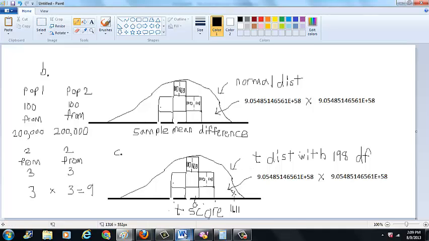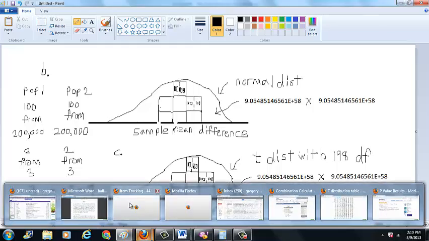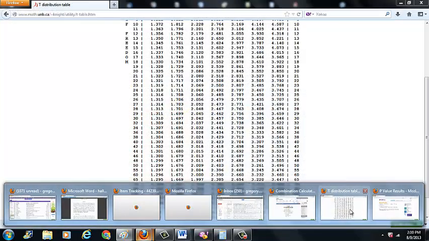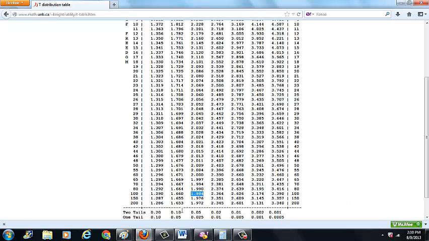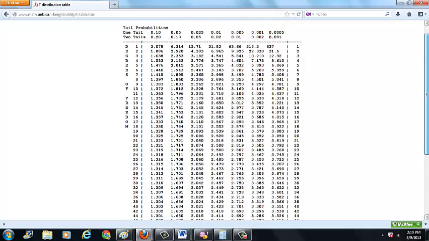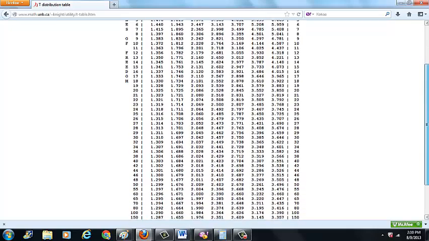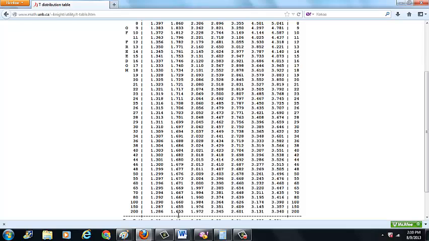So let's go to our table. We have 198 degrees of freedom, which is pretty close to 200. So let's go to one tail, 0.05. Let's go down here. If we round it to 200 degrees of freedom, we get 1.65 as our critical value.